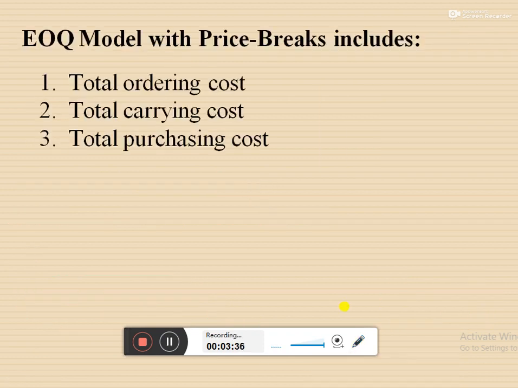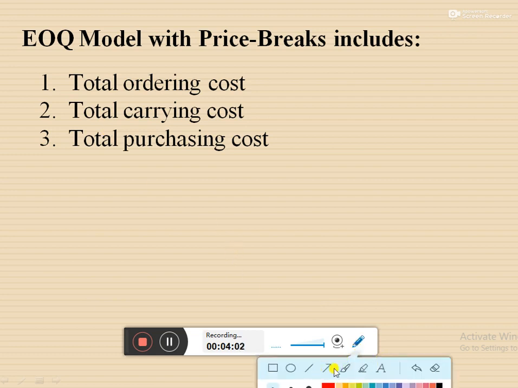But in the case of the economic order quantity model with price breaks, the purchase price of the units becomes very relevant while determining the order level, because the purchase price changes with the quantity ordered. So in this model, we need to consider three types of costs.